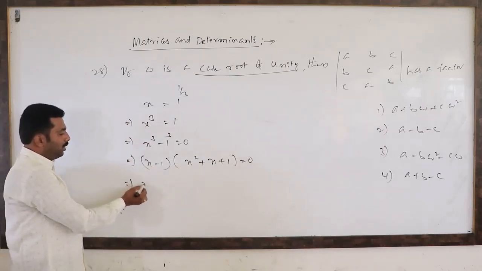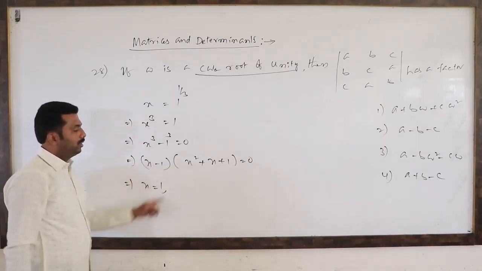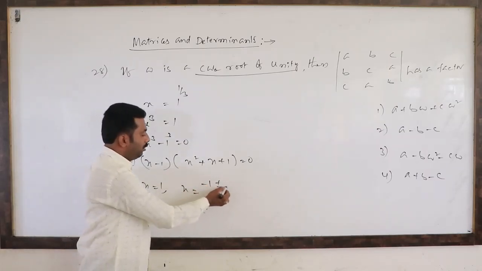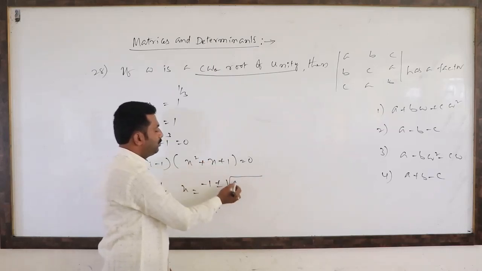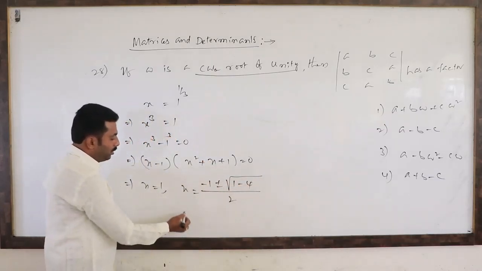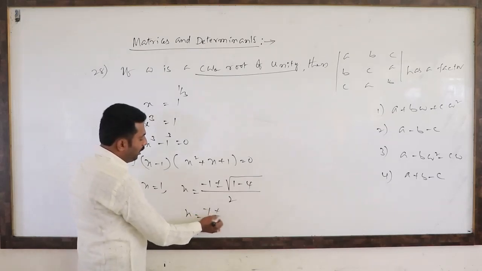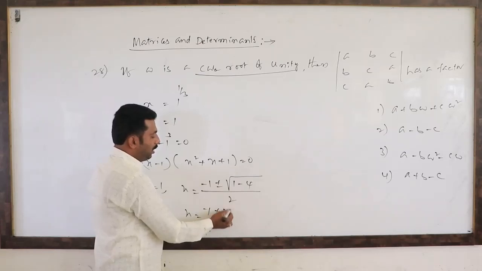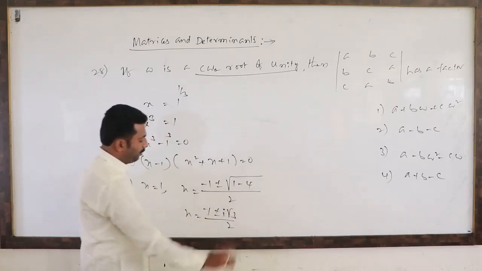So what are the roots here? Either x equal to 1, or the roots x equal to minus b plus or minus root of b square minus 4ac divided by 2a. So x equal to minus 1 plus or minus root of minus 3, which means i into root 3, divided by 2.